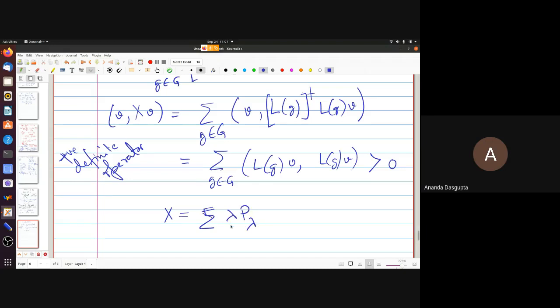Well, lambda is nothing but the eigenvalues of X, and these are the projection operators to the corresponding eigenspaces. By the way, what role does this Hermitianity play in this statement? This is really the spectral theorem that an operator can be decomposed this way. But why is Hermitianity important?